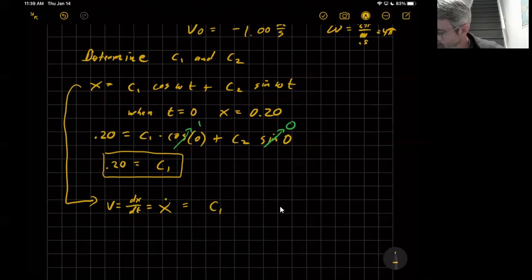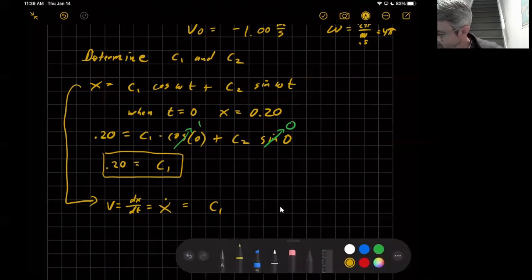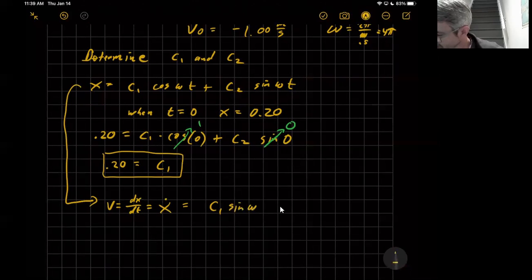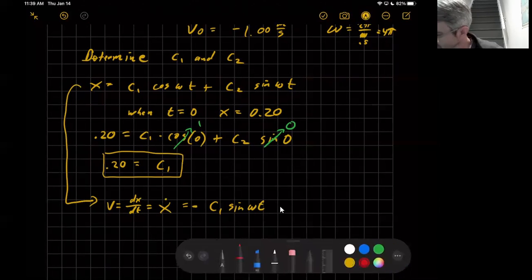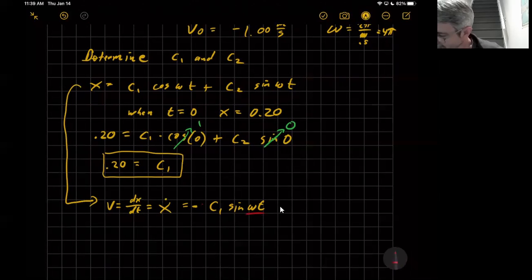The derivative of a cosine is a negative sine. So I should be writing a sine there, with a negative out front. But then because of the chain rule, we're going to get an extra factor of omega right there.